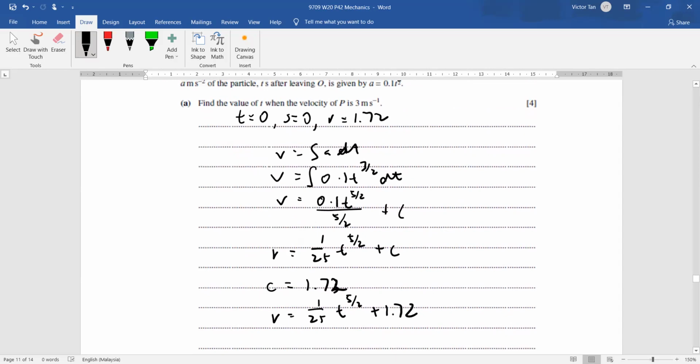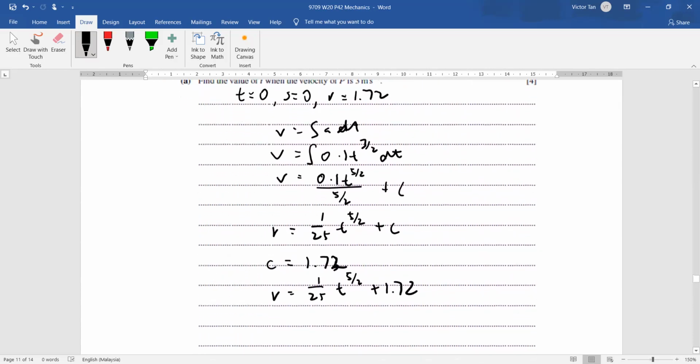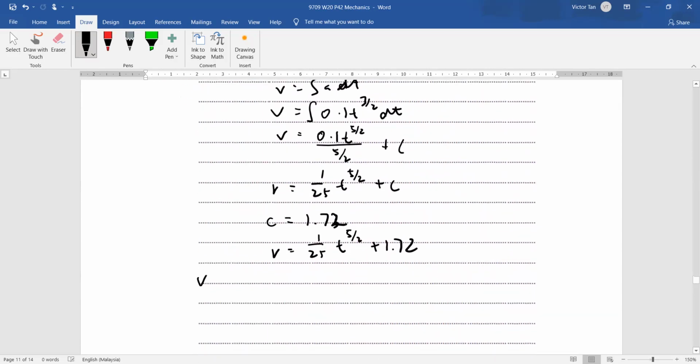So when v is 3, 3 equals 1 over 25 t to the power 5 over 2 plus 1.72. t to the power 5 over 2 equals (3 minus 1.72) times 25.